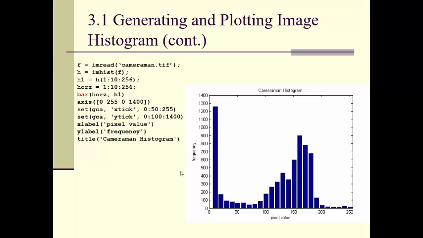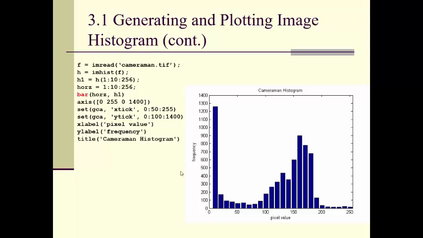So as you can see, from 0 to 256, instead of having the number of pixels at single levels, here I will have the number of pixels with levels from 0 up to 9, then the number of pixels with levels from 10 up to 19, and so on. So it's up to me to specify the width of the bar.